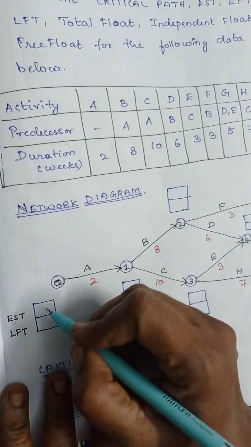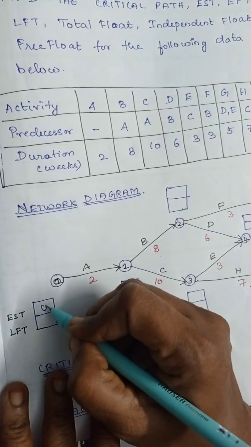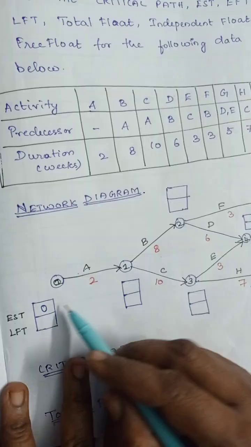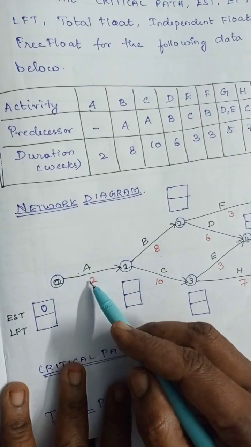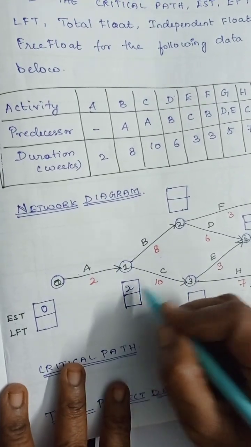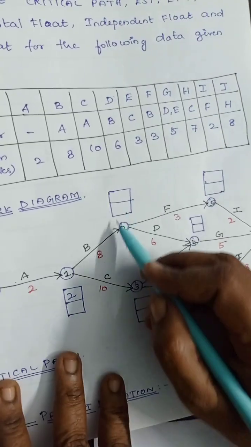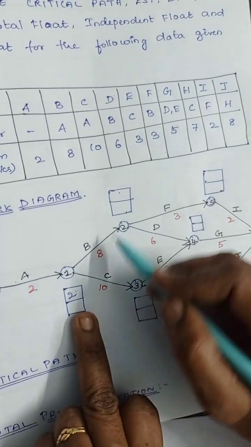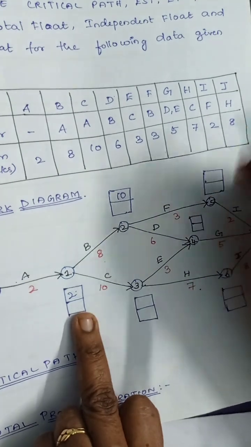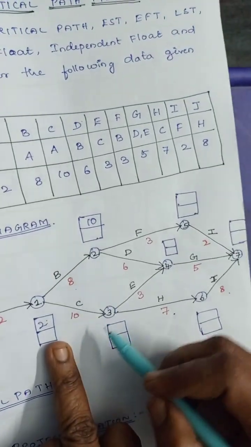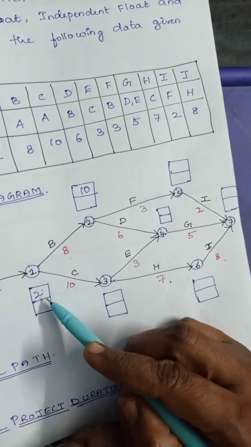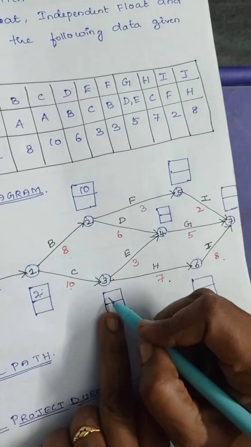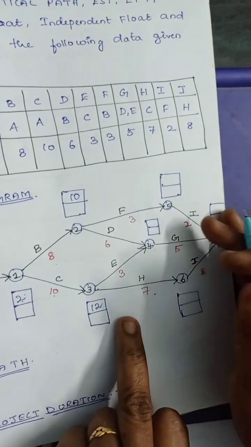EST: the starting time of this activity is 0, and the starting time of the next activity is 0 plus 2, that is 2. For B activity it is 2 plus 8, that is 10, and for C activity the starting time is 2 plus 10, that is 12.